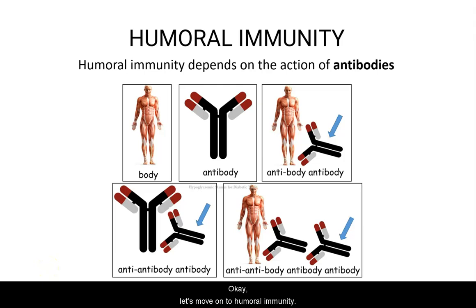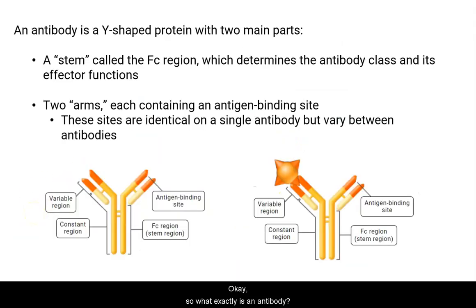Okay, let's move on to humoral immunity. Now, humoral immunity is going to involve the B cells, and it's going to depend on the action of antibodies. So what exactly is an antibody? Well, an antibody is a Y-shaped protein that's able to bind antigen. It has two main regions.